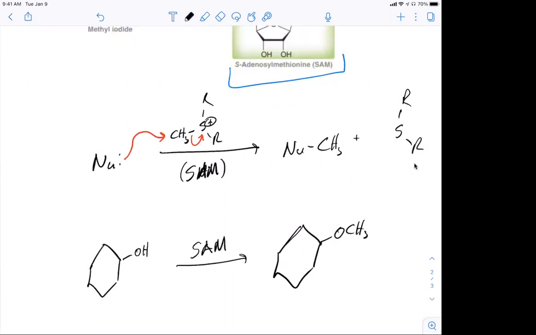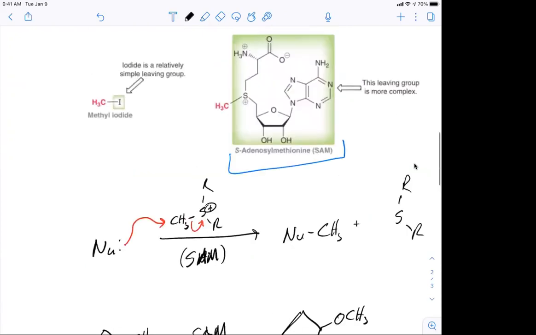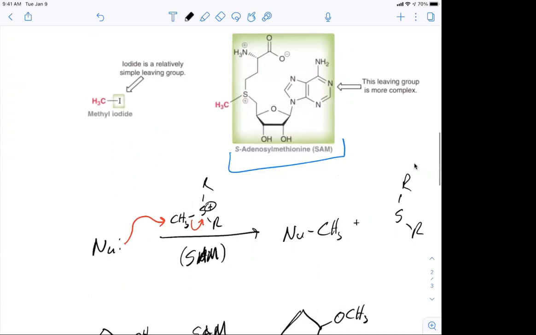Usually the questions around this are going to be a little more complex, but it comes down to: can you find the nucleophile, because that nucleophile will get methylated. So it's a new reagent, but it's chemically the same as what we would use with methyl iodide, as shown up here.